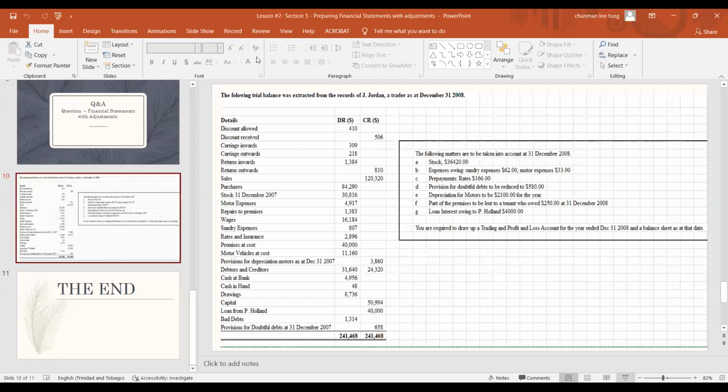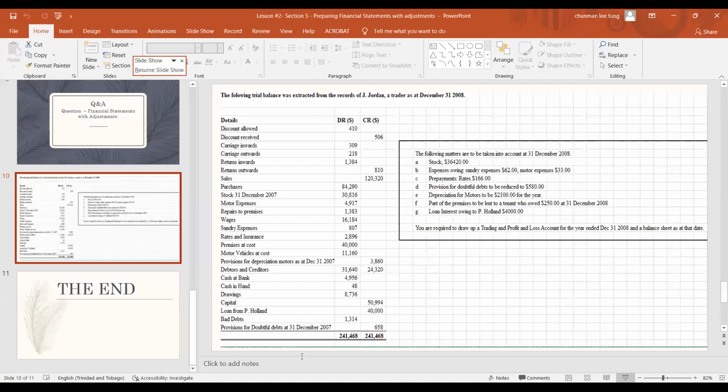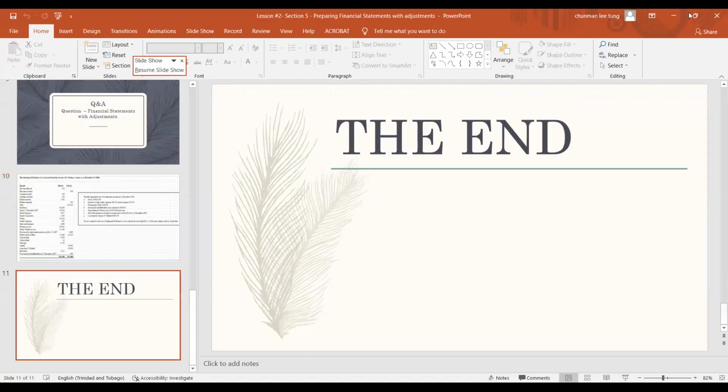Great. So we have here the textbook question, CSEC Principles of Accounts for the Caribbean. If you all have it, you could actually go into the text.